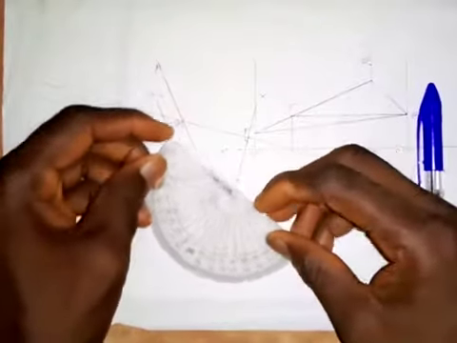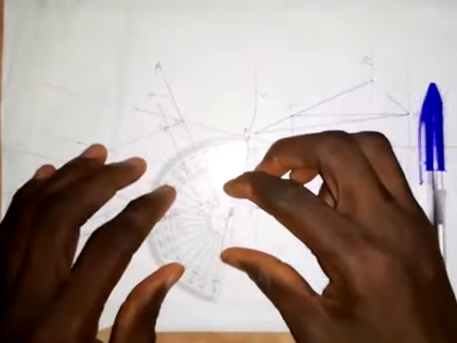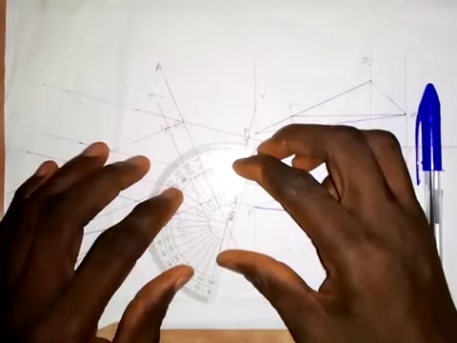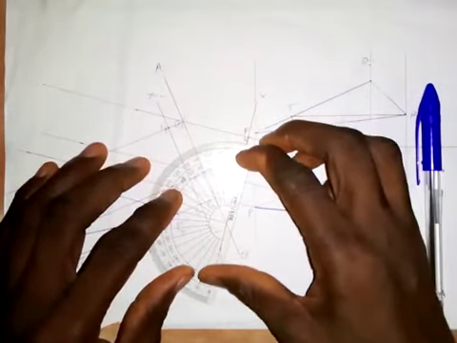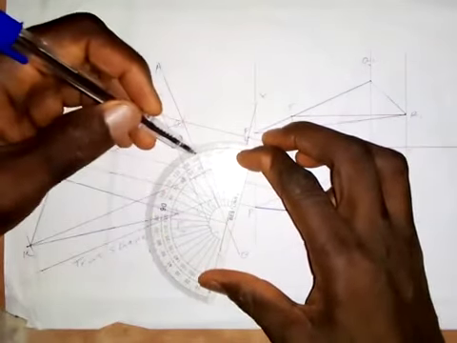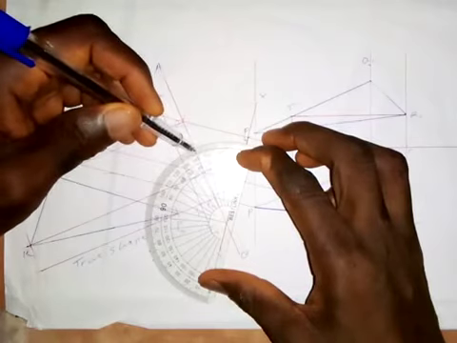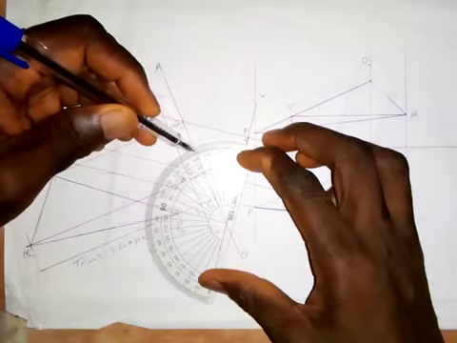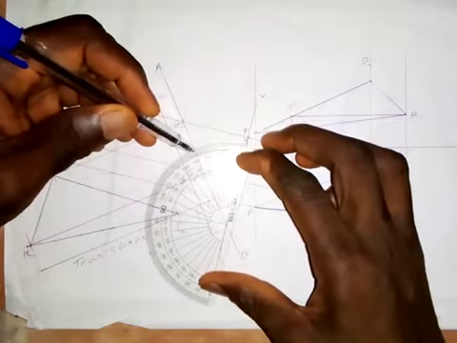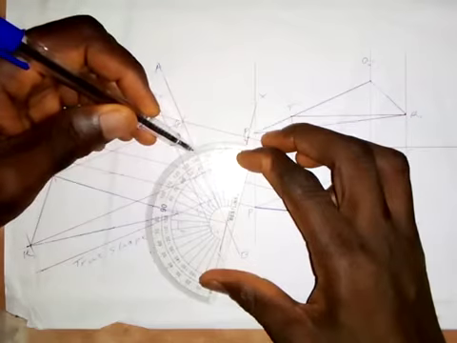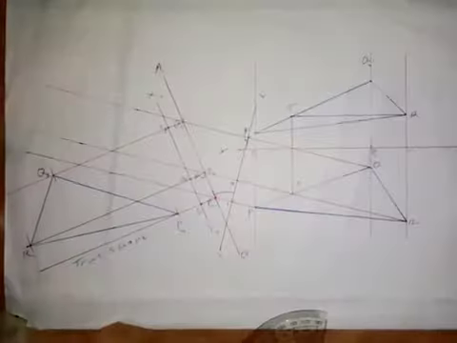So all I need to do is to set my protractor at this point. Looking at this angle, this angle is 37.